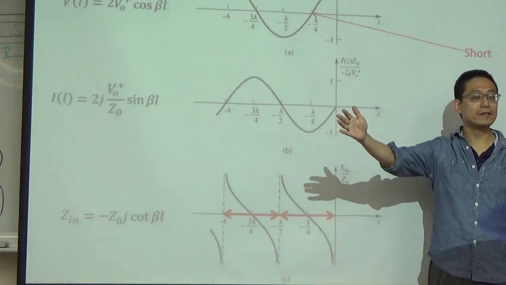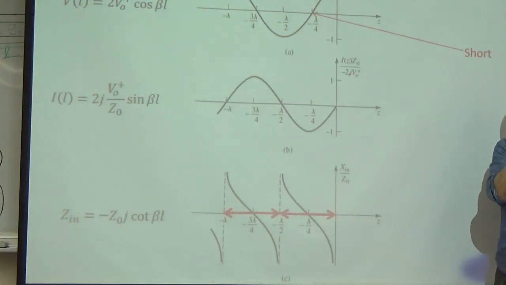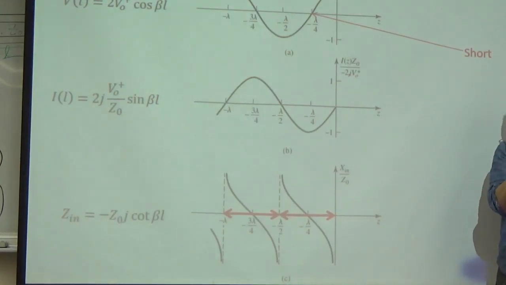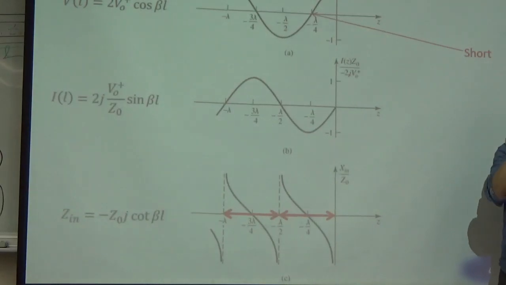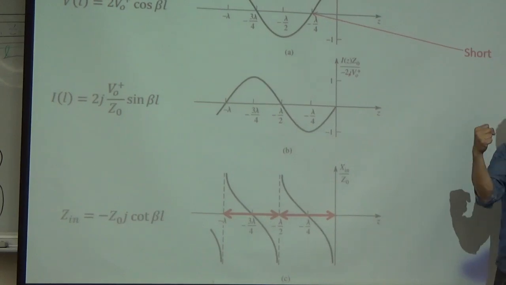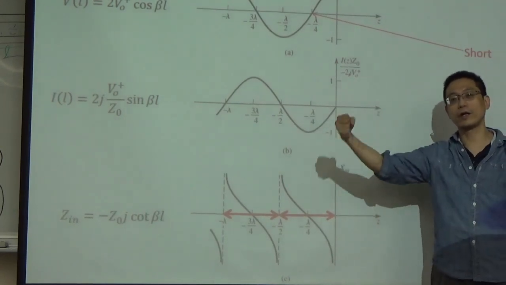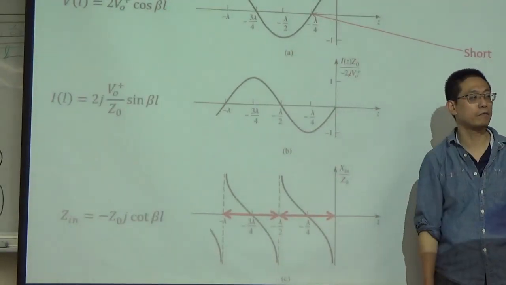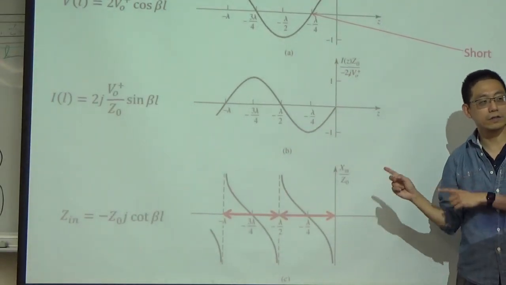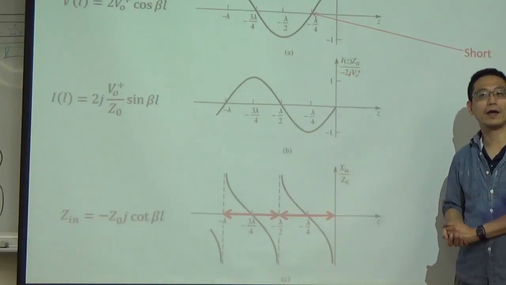If your length is an integer number, 1, 2, 3, 4, multiplied by a quarter wavelength, your input impedance, if it is open at the beginning, will become short and open and short and open, repeating forever, if this is a lossless transmission line.